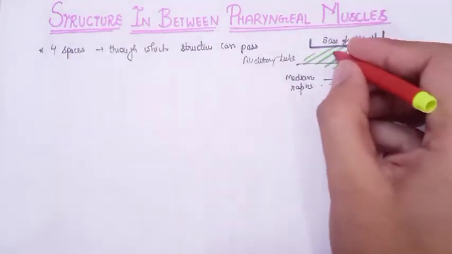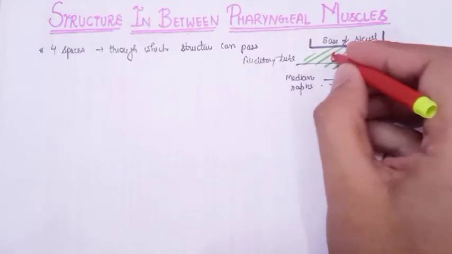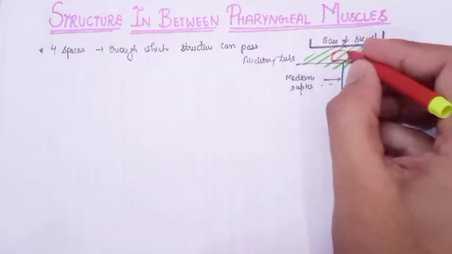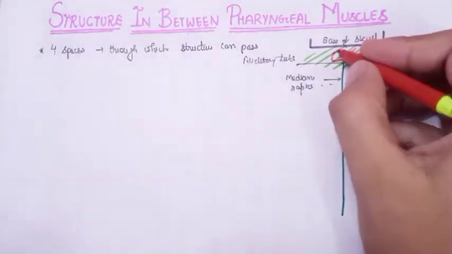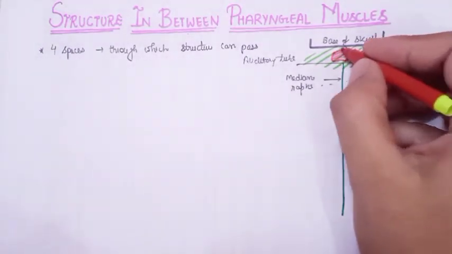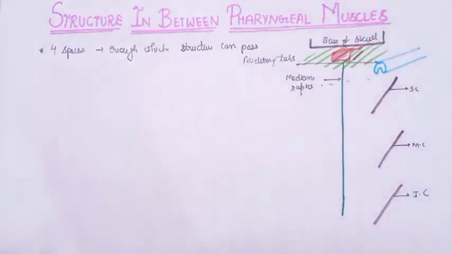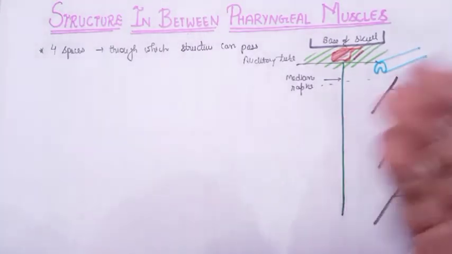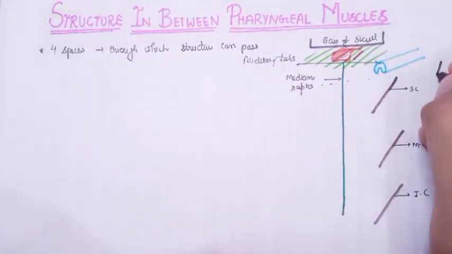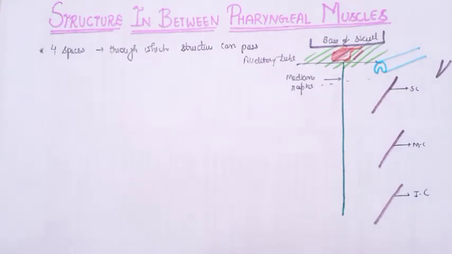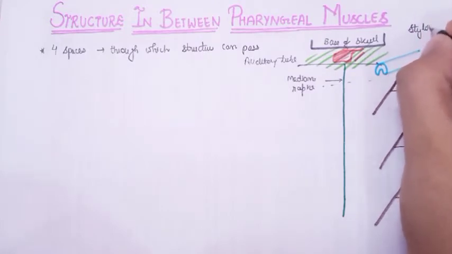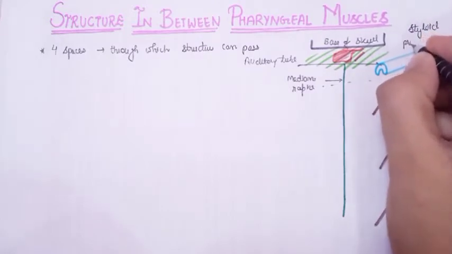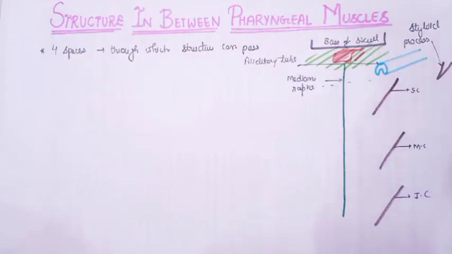Suppose this is the tongue, and above the tongue we have the palate. And more lateral to the superior constrictor we have one very important landmark, the styloid process.